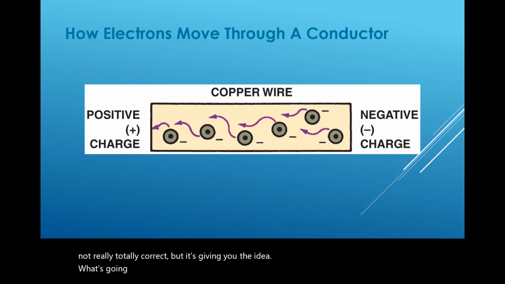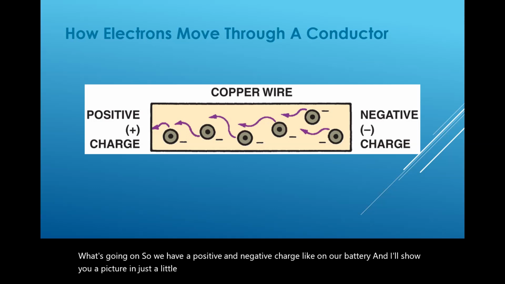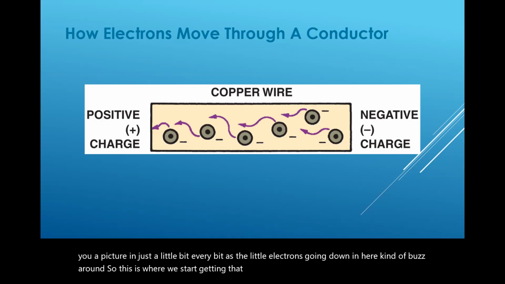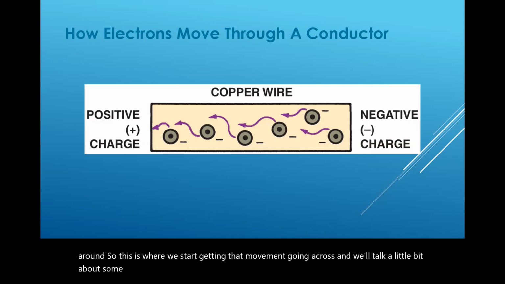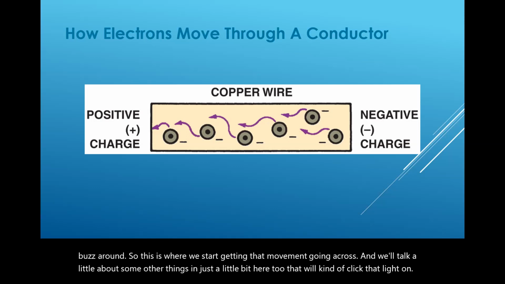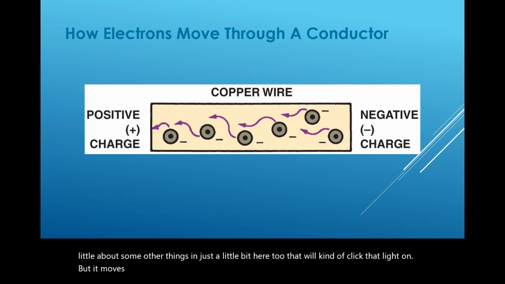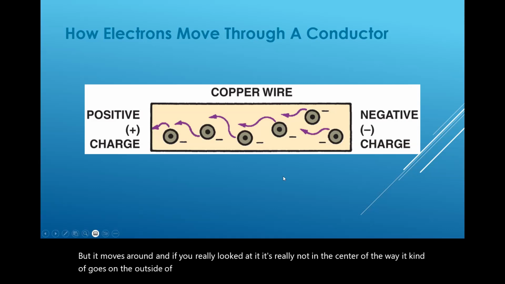So we have a positive and negative charge, like on our battery, and I'll show you a picture in just a little bit. The little electrons going down in here buzz around, so this is where we start getting that movement going across, and we'll talk about some other things in just a little bit that will click that light on. But it moves around, and if you really looked at it, it's not in the center of the wire, it goes on the outside of the wire too.